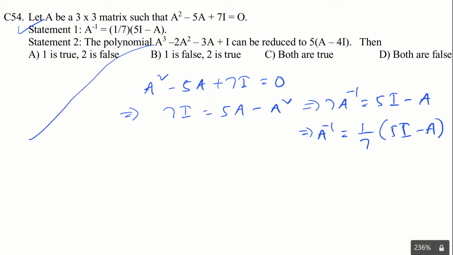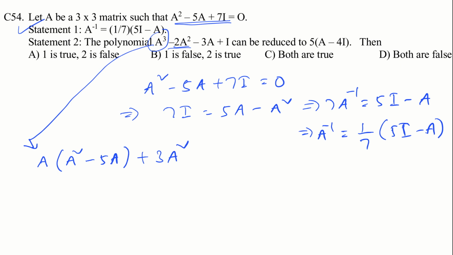This polynomial I can write it as, I want to make use of this. So for fun I write a into a square minus 5a. This is a cube minus 5a square. A cube matching, minus 5a square, I have only minus 2a square there. That means I subtracted 3a square extra. To balance, I take 3a square.